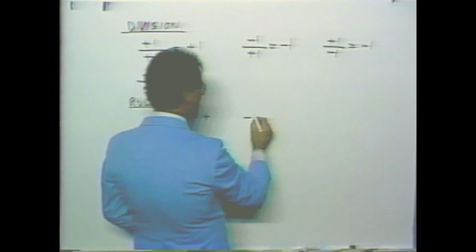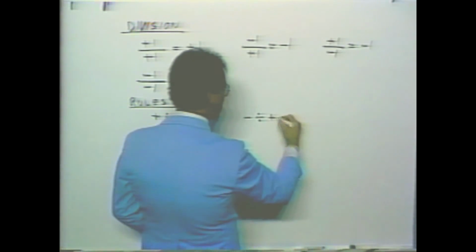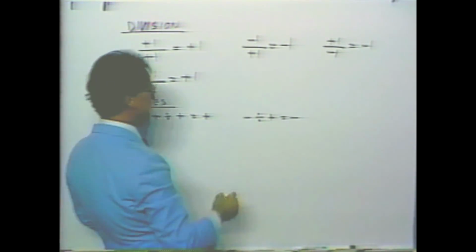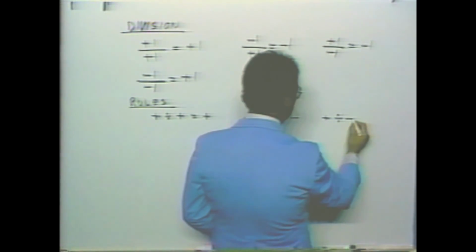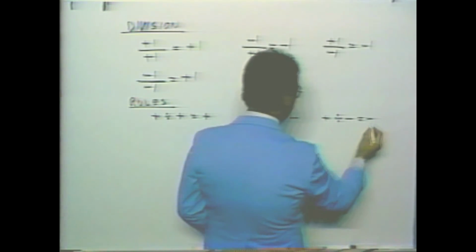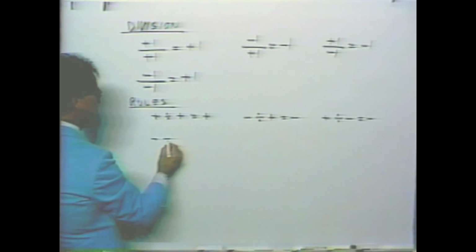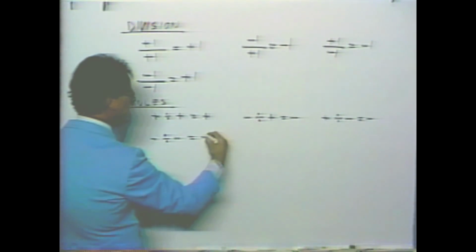A negative sign divided by a positive sign is equal to a negative sign. That one there. A positive sign divided by a negative sign is equal to a negative sign. And finally, a negative sign divided by a negative sign is equal to a positive sign.